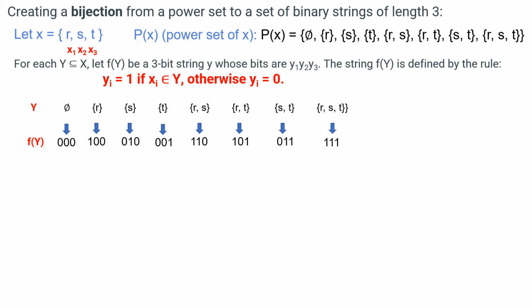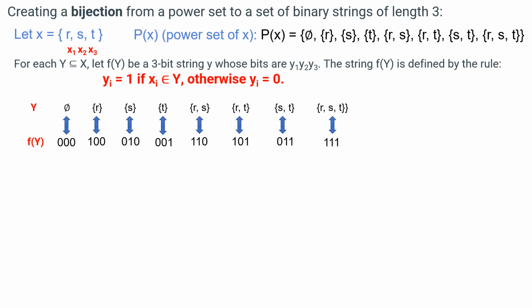And then RST, every one of those original elements of X is in this subset, so we would have 1, 1, 1. Okay, so basically it's a matter of putting 1s wherever, for each subset, the original element shows up in the subset. Otherwise, we put a 0.